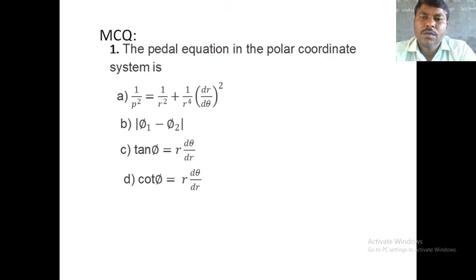MCQ on pedal equation. The first one: the pedal equation in the polar coordinate system is, the answer for this is A. The pedal equation is 1 by p square is equal to 1 by r square plus 1 by r raised to 4 into dr by d theta whole square.